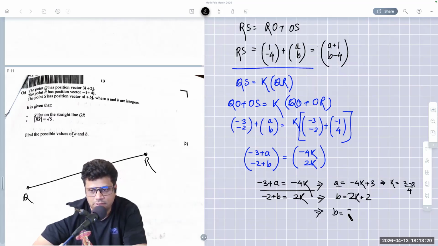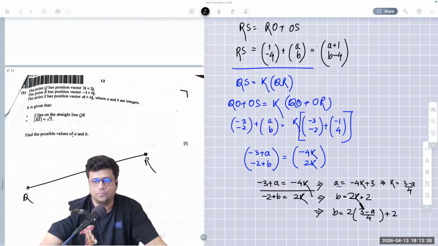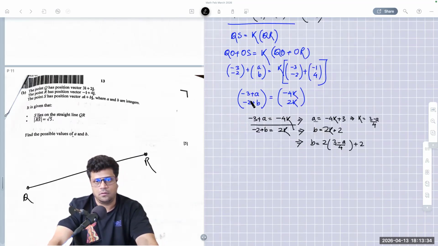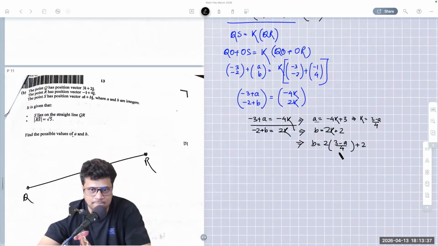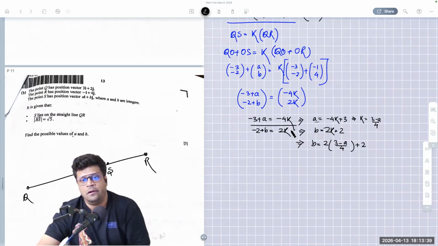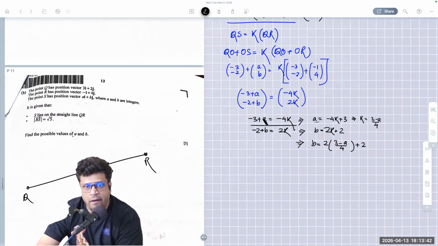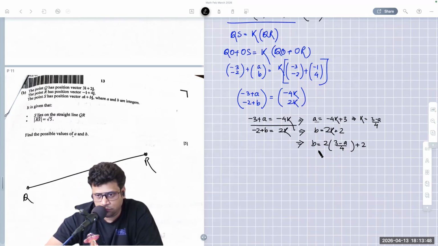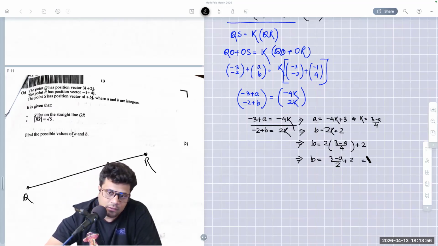So B equals 2 times (3 minus A) by 4 plus 2. And that is B equals (3 minus A) by 2 plus 2.